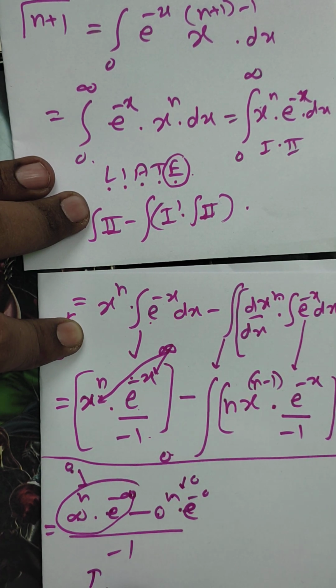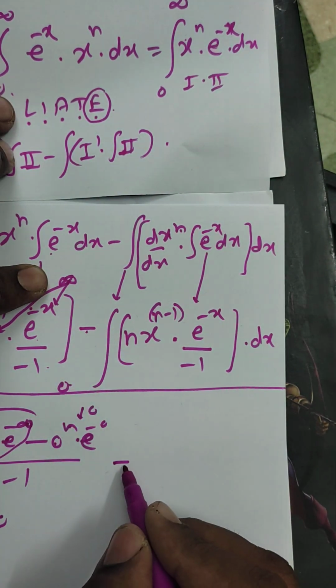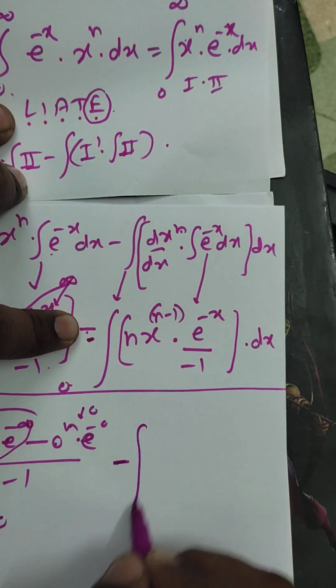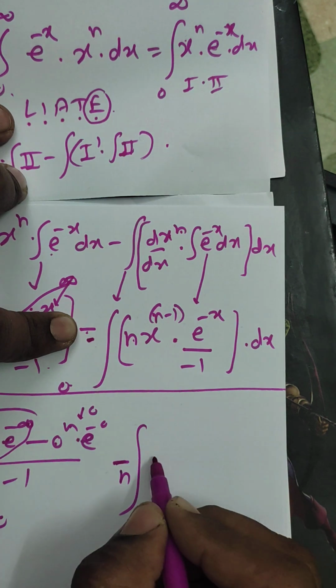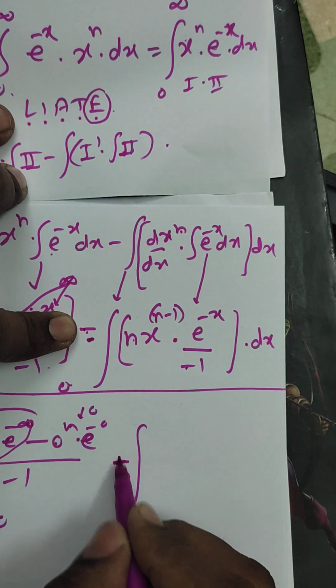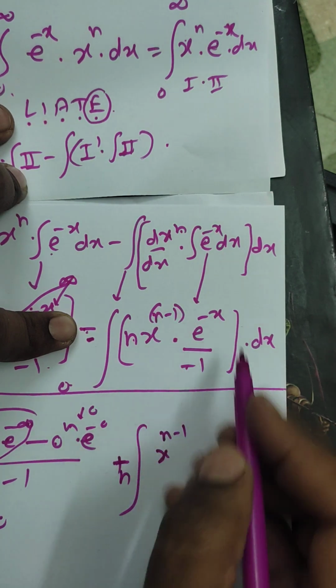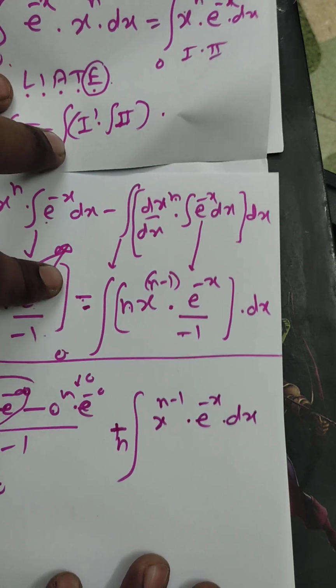Now the minus is for this thing. Integration of n, keep it outside, then minus into minus will become plus x raised to n minus 1 into e raised to minus x into dx.